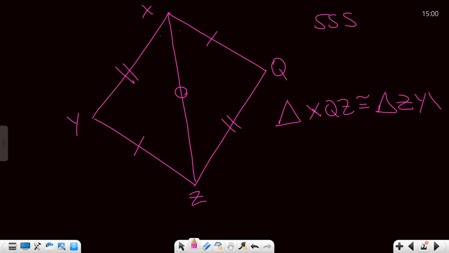So you're saying X goes to that Z? Yes. Y goes to Q, and the Z angle here goes to the other X angle here. Good, well done.